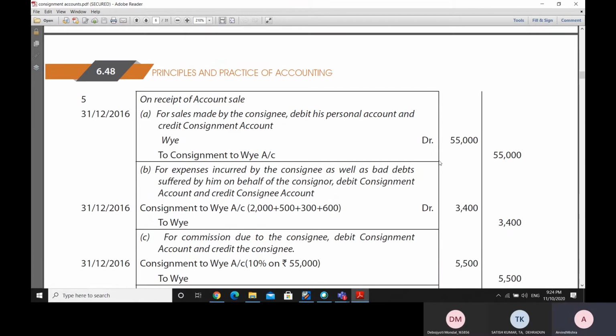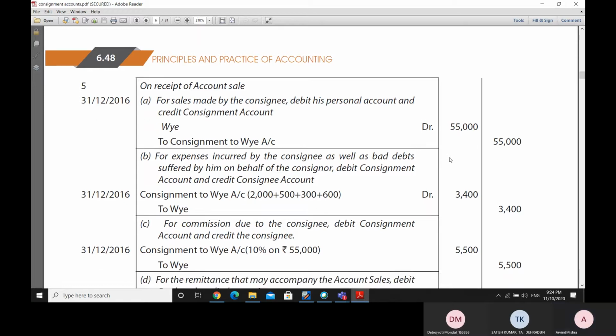Now on the other hand, the sale is made, and in respect of the sale, Y is debited and consignment account is credited, as you can see here. Thereafter, some expenses have been incurred by Y, which are packing, cartage, other things.